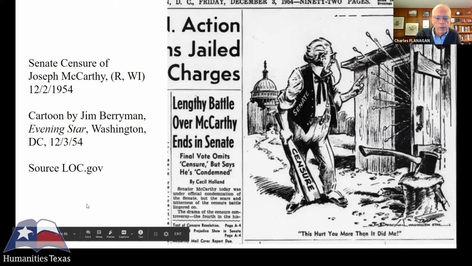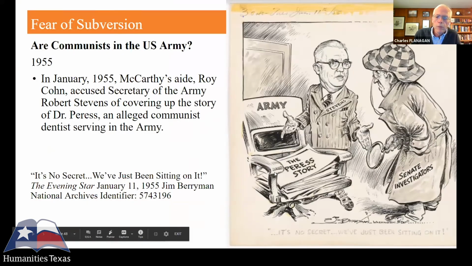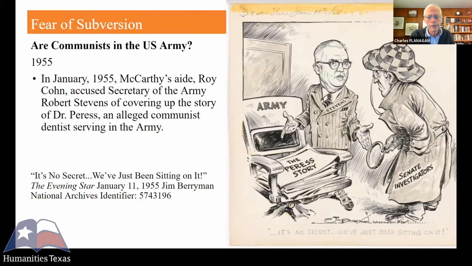And I want to just point out that McCarthy wasn't finished, however, because that was in December of 1954. And in 1955, in January of that year, McCarthy is going to accuse the Army of harboring a communist dentist. And so we have this wonderful Cold War cartoon that kind of gets at the fear of subversion in America, because are there communists in the Army?